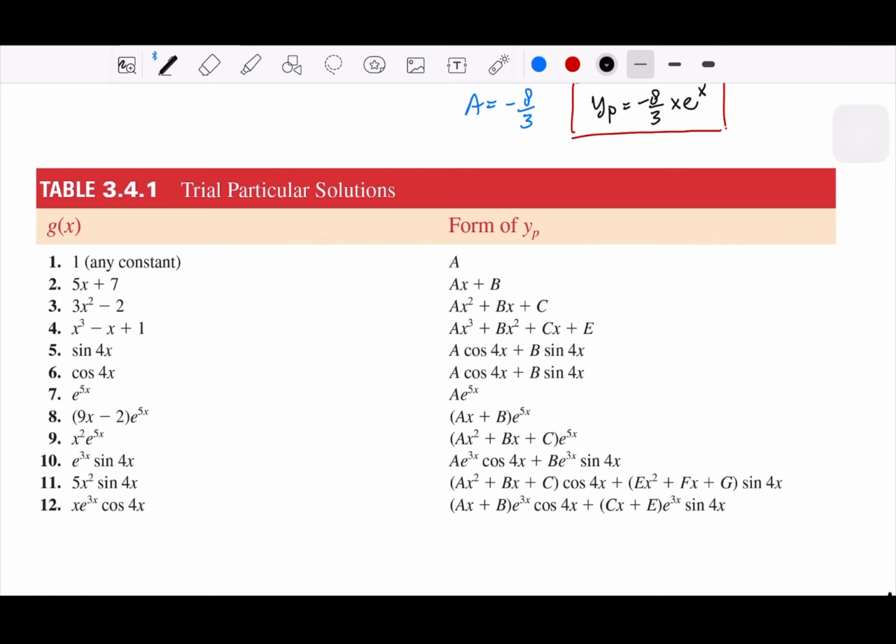And also, if we have an exponent multiplied with sine, we need to multiply this cosine and sine with the exponent, each coefficient.